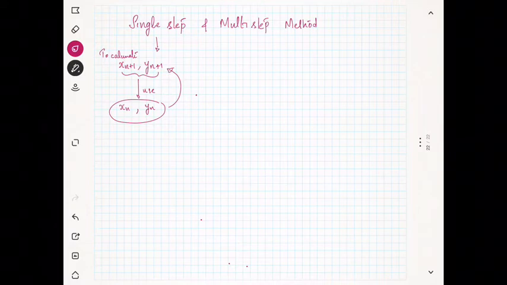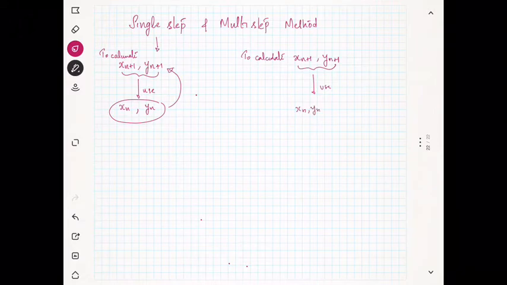This is the idea. However, in the multi-step method, to calculate xn plus 1 and yn plus 1, we will use not only xn and yn, we will also use the previous values like xn minus 1, maybe yn minus 1, maybe xn minus 2, yn minus 2, etc. So many values we will be using.